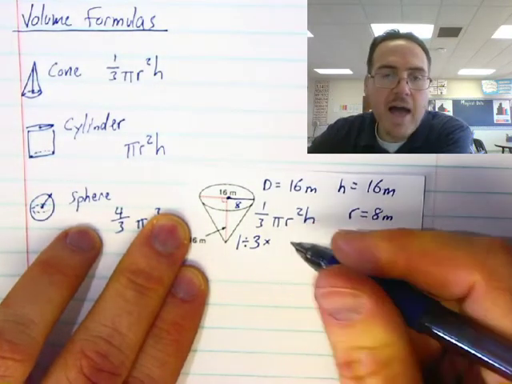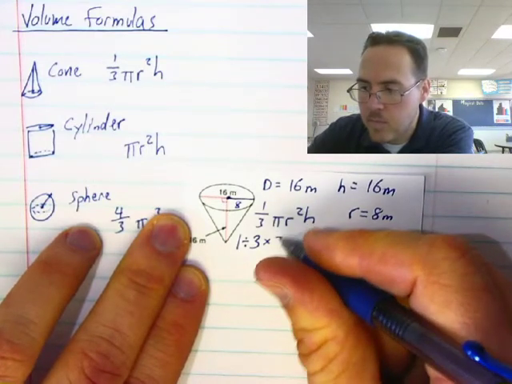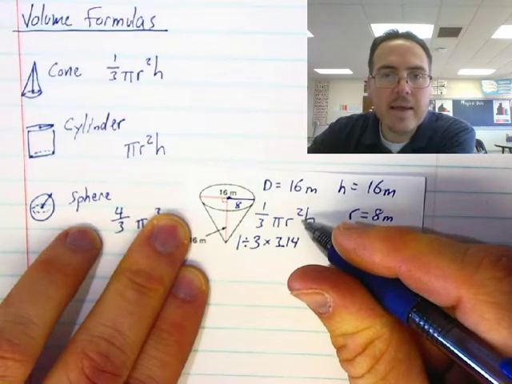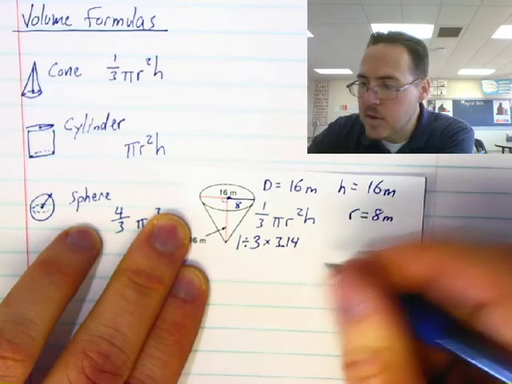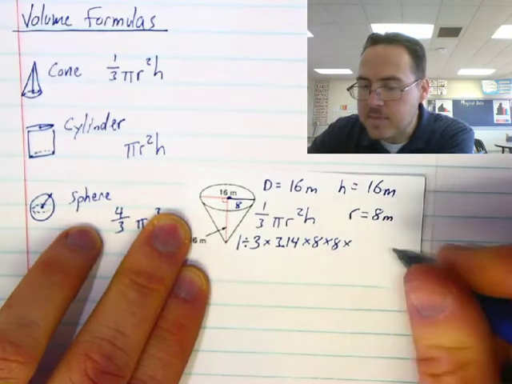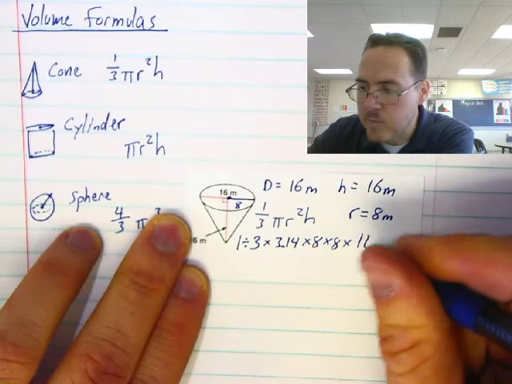The value for pi that I'm going to use today is 3.14 times the radius squared. That means I need to multiply times the radius twice. It would be times 8 times 8 times the height, which is what they gave us, which is 16.